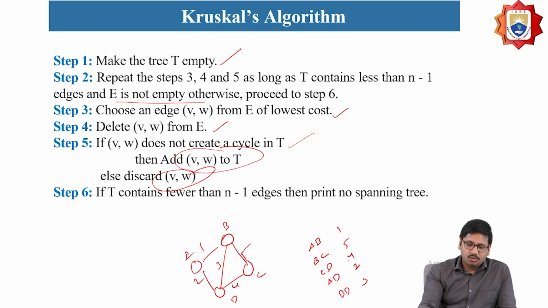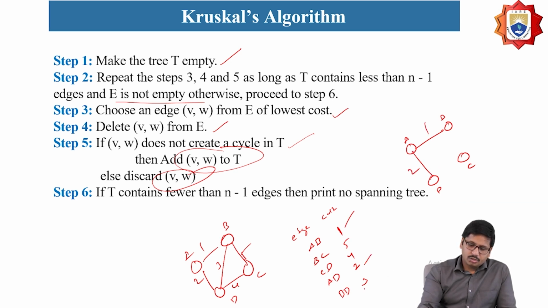So how to construct the spanning tree in such a way that we select the minimum cost first. So A, B, C, and D. First we choose the minimum cost one, that should be 1, AB. Next minimum cost is 2, that's why I'm going to select AD.